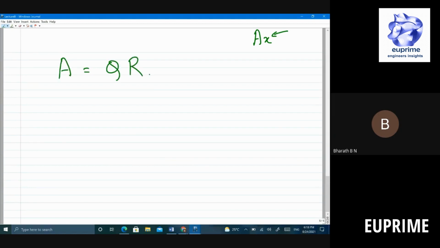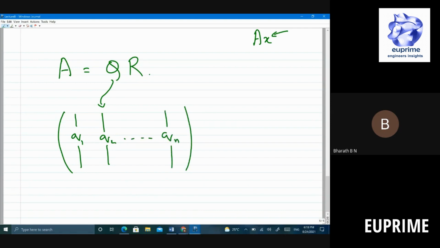Okay, so what is this Q matrix? Q matrix is basically, let me write it as Q1, Q2, up to Qn. Of course, whatever we did so far, we just orthogonalized it. You can also orthonormalize it, right? So again, the effect is multiplying by a constant, normalization. So this has the following property.